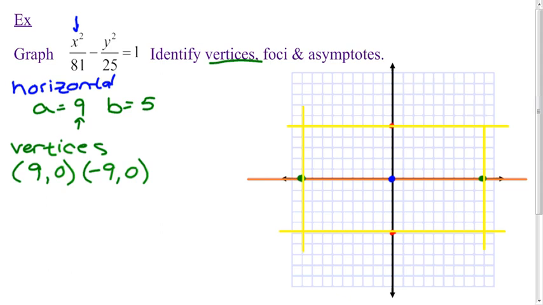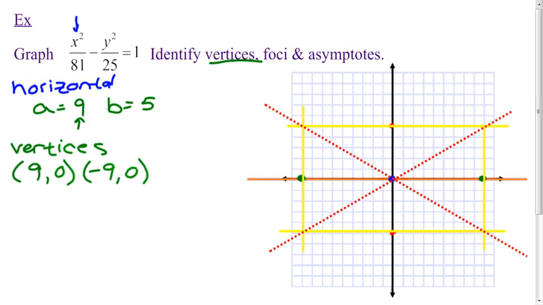This is the easiest way to draw your graph, is once you can get your asymptotes in. So this is my boundary piece. So if you remember, I said to find your asymptotes, it's plus and minus b over a, because it's the slope of that. Realistically, if I connect corner to corner, and I'll have to extend that out a bit, and corner to corner, I now have my asymptotes written.